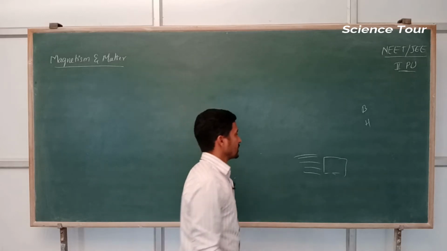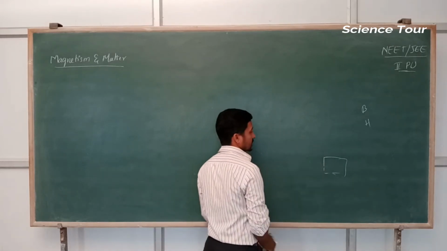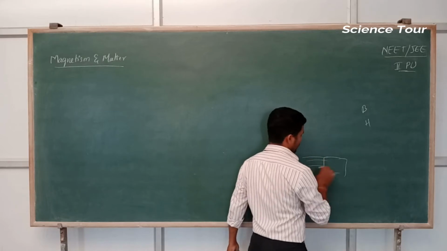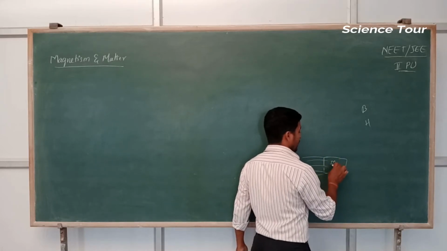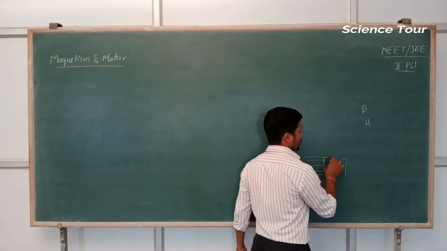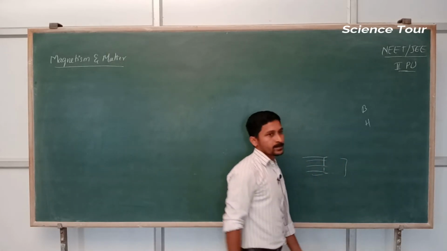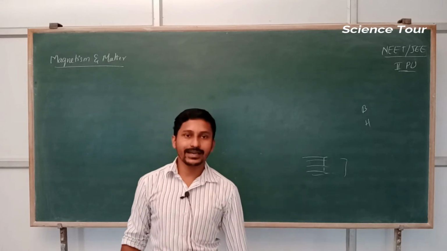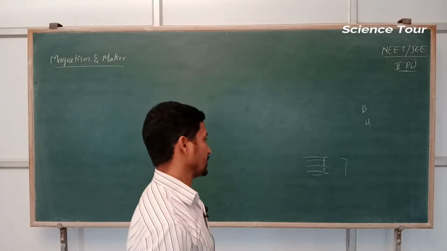That is the sum of the magnetic moment generated plus the total magnetic intensity. So intensity of magnetization and magnetic intensity are different.